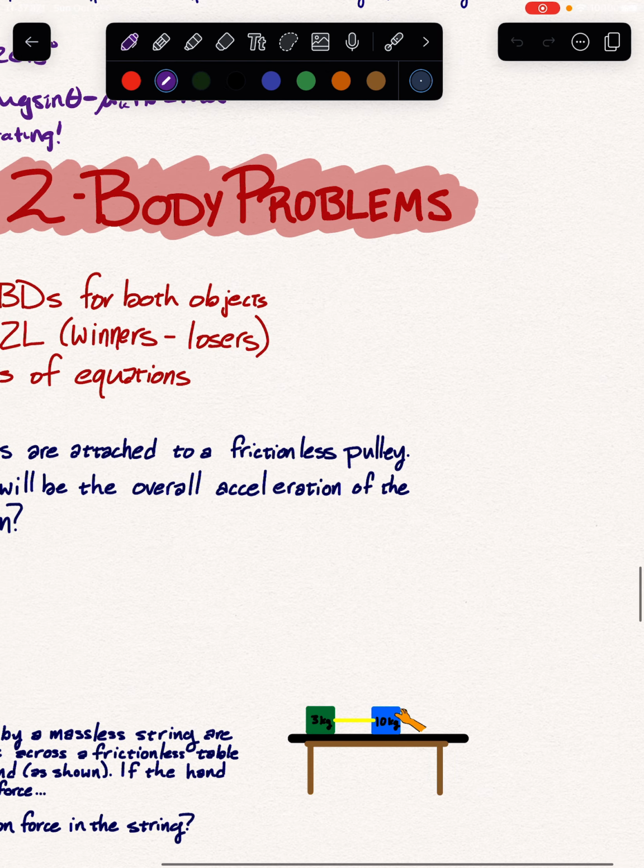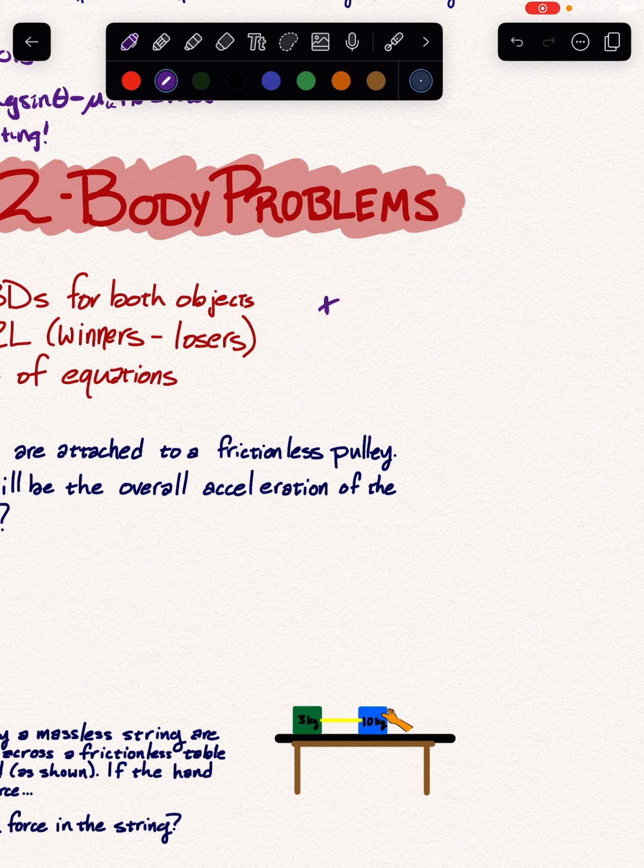One thing that's really key about these kinds of questions is that when there's a string, the force of tension is going to be the same everywhere. So when there's a string or a rope, the force of tension will be the same for both objects.